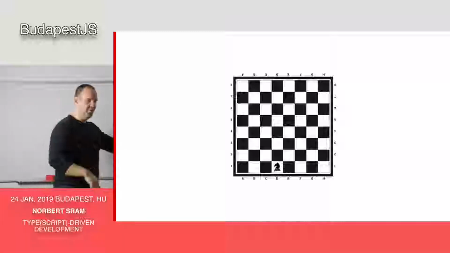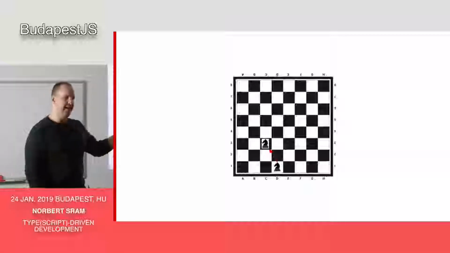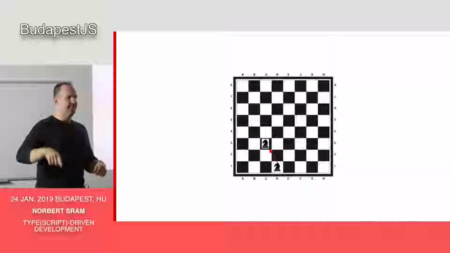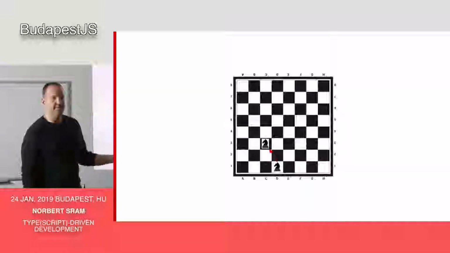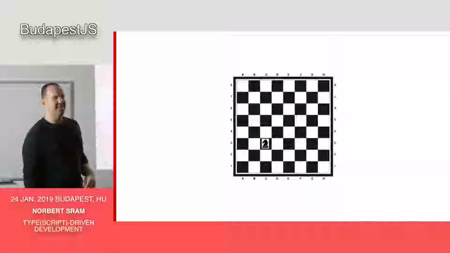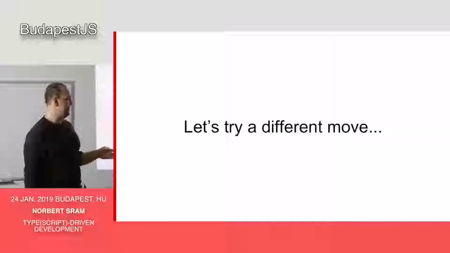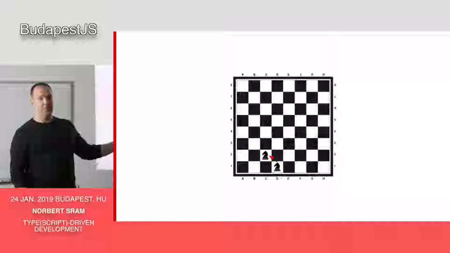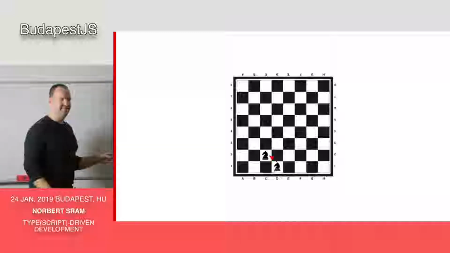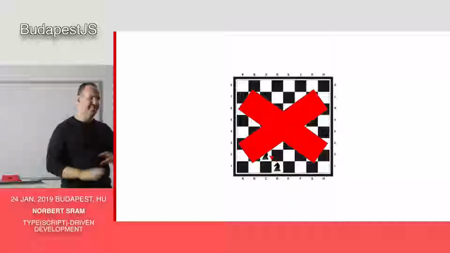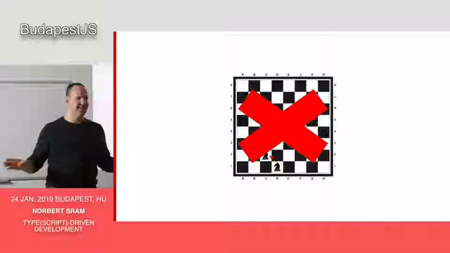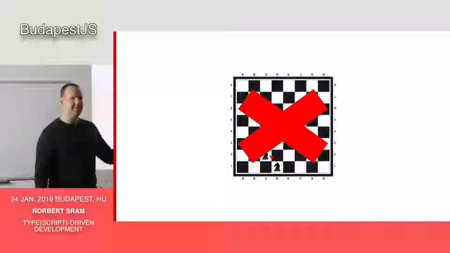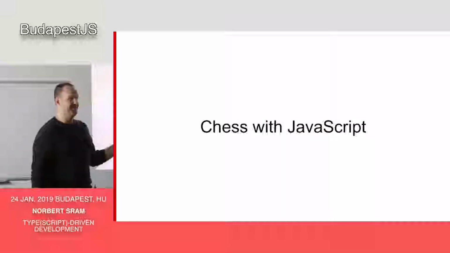If I want to move that piece on the board, I can easily move it in an L shape, right? So that's a valid move. Everyone agrees with that. Let's try something different. I want to move it there. That's a no-go. That's like beep, validation error. We can't do that. So this is something we would like to model now, starting first with JavaScript.